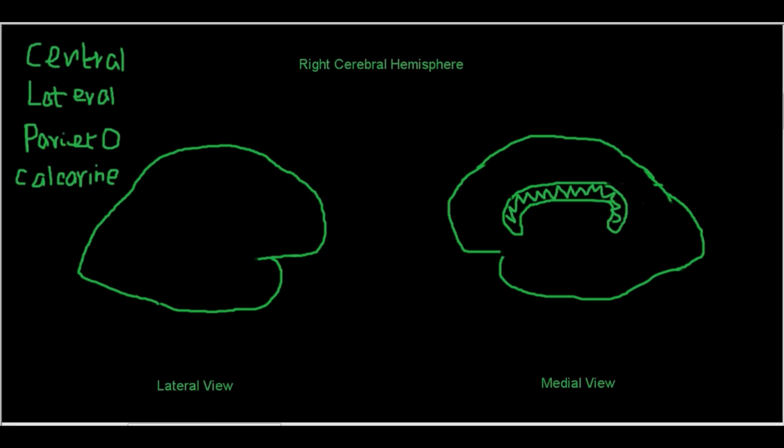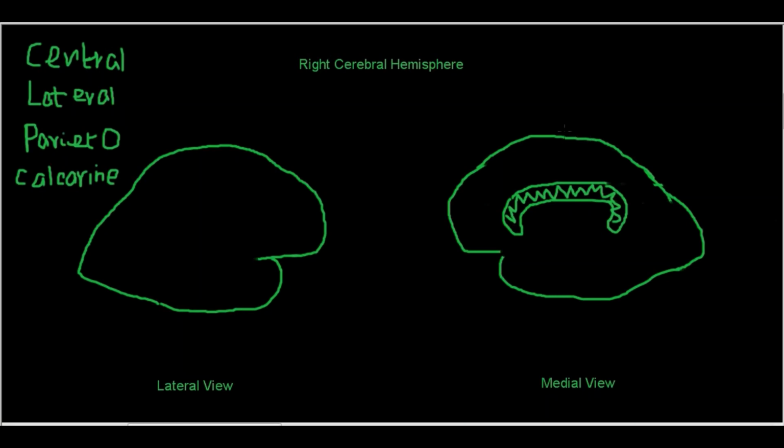Where is it present? I'm going to use the color blue for that one. So the central sulcus, let's come to the medial surface of the cerebral hemisphere. It begins as an indentation on the superomedial margin of the hemisphere. This is the superomedial margin because it is present superiorly and on the medial surface.